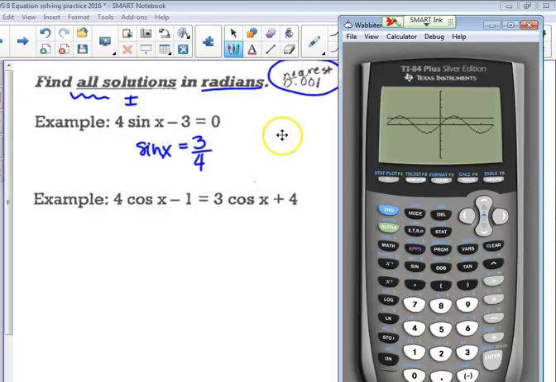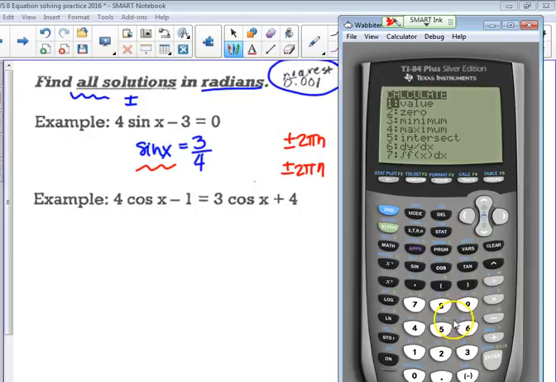Yeah, because I'll probably do the rest of the examples tomorrow. Here it's repeating, yes? It's a sine function, so how often is it going to repeat? Every 2 pi, okay? So how are we going to find the two values that we want? The two intersection points, exactly. So we're going to go second, trace, intersect, enter, enter, enter.